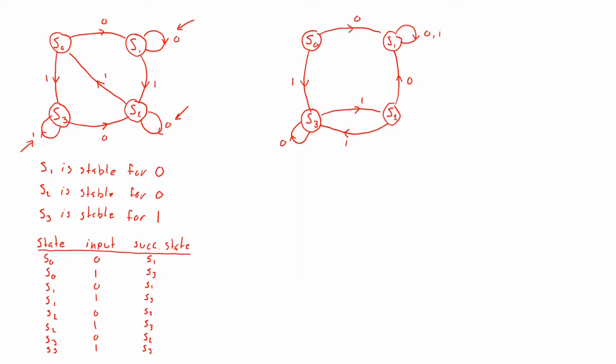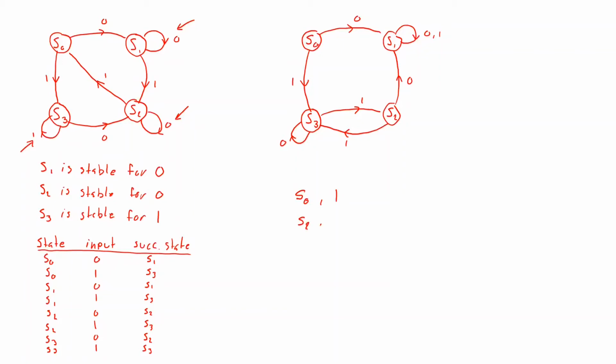What we can see here is that if we have S0 and the input 1, it means that we go from S0 to S3, and then we go back and forth between S2 and S3. So we do not reach a state that is stable for the input 1. So S0 with the input 1 has no successor state. Similarly, both S2 and S3 with input 1 do not have a successor state because they don't reach a stable state for the input 1.